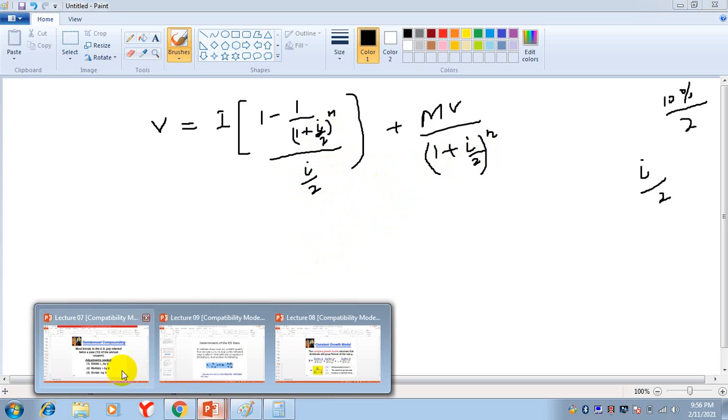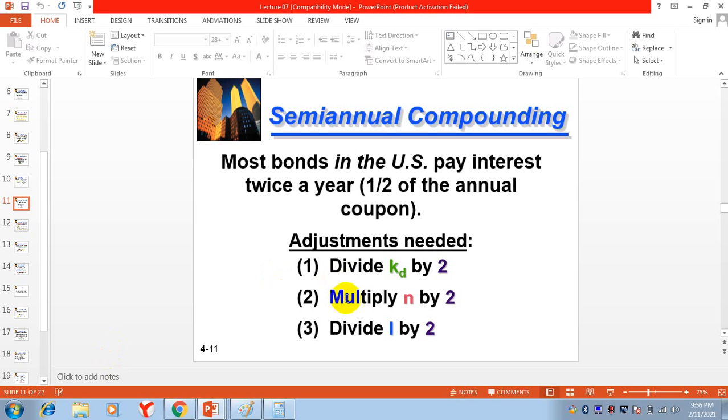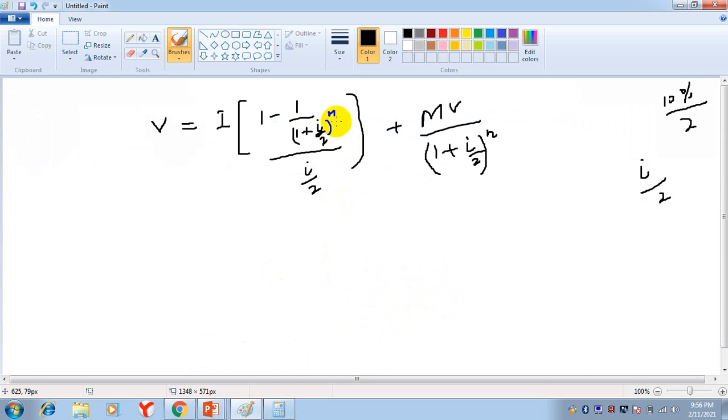The second adjustment, multiply n by 2. Previously you were receiving interest 30 times because it was yearly interest. Now you are receiving interest 2 times a year.